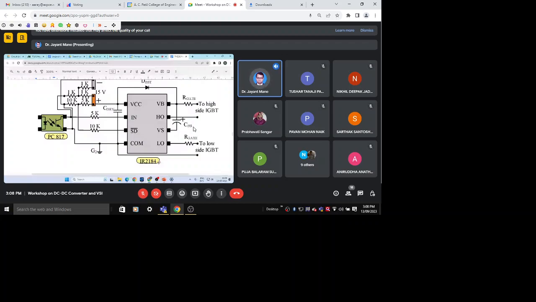Now there is a high side and a low side switch, and one can be driven through this. That is very important.